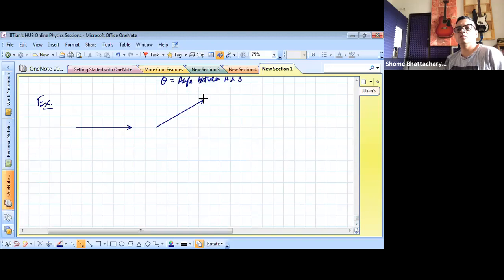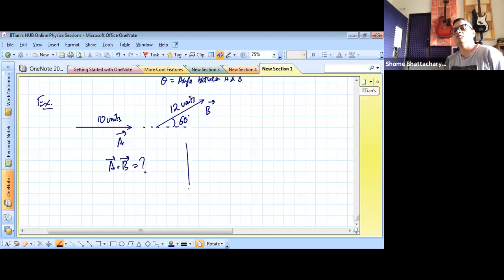Suppose vectors A and B are like this, and this angle is, let us say, 60 degrees. And they have magnitudes of 10 units and 12 units respectively. And I ask you, what is A dot B? It's very simple.